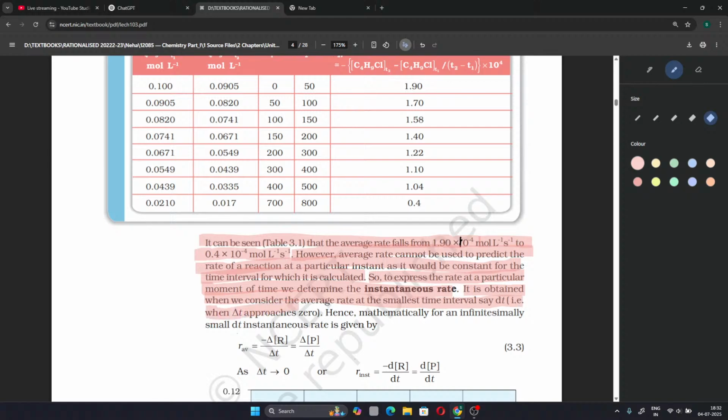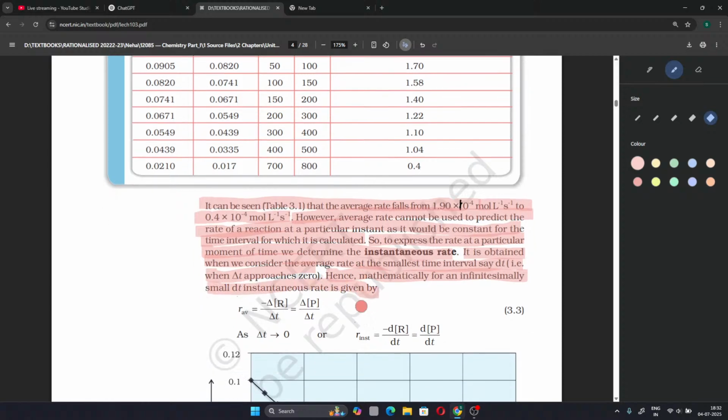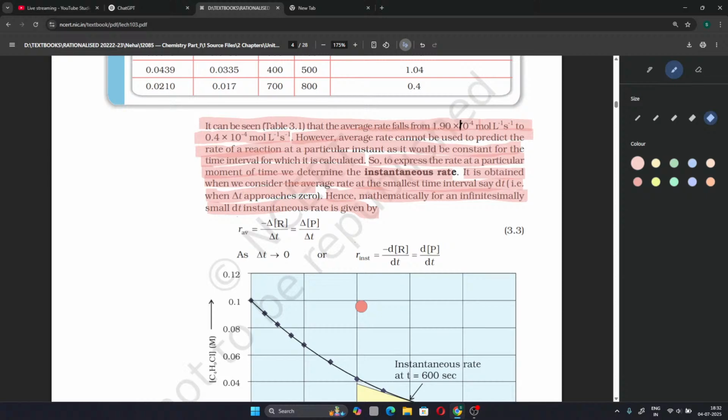When delta t approaches 0, the change is almost 0. Hence, mathematically, for an infinitesimally small dt, instantaneous rate is given by, this is for reactant, this is for product.